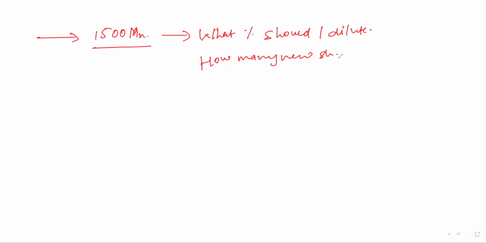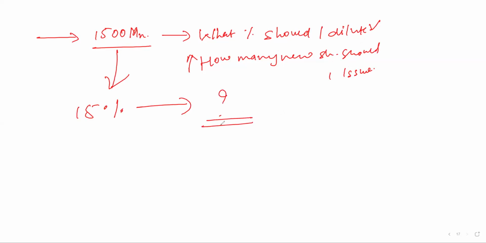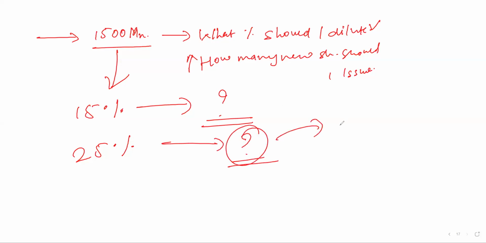That is what I am discussing now. What percentage should I dilute, or how many more shares should I issue? Basically, if I am selling 15% of the company, at what price should I sell this 15%? If I am selling 25% of the company, at what price should I sell this 25%? The process to come up with the right value for the share is called valuation.